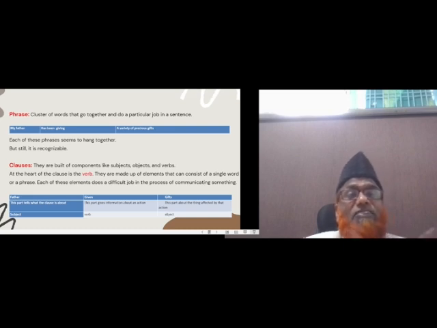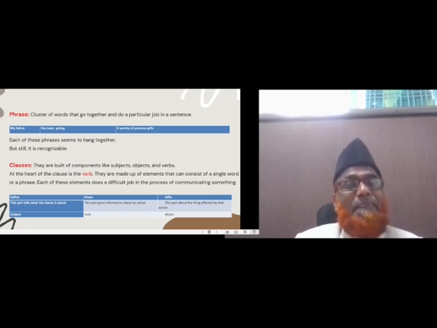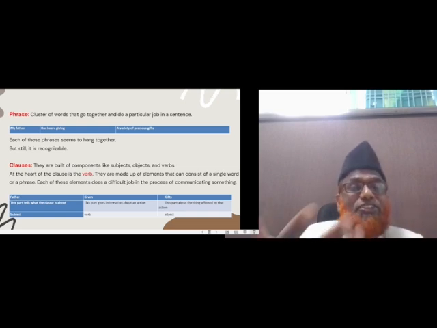These are clusters of words that go together and do a particular job in a sentence. As I have indicated, you can see in the slide that each of these phrases seems to hang together. Each word is dependent.